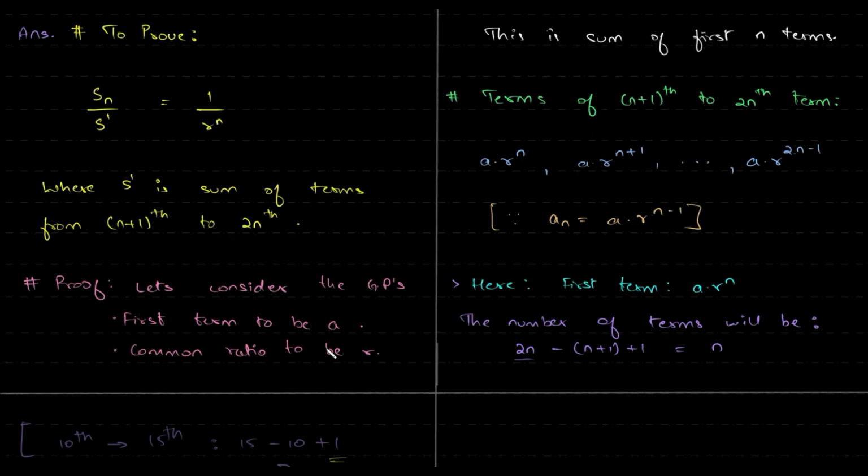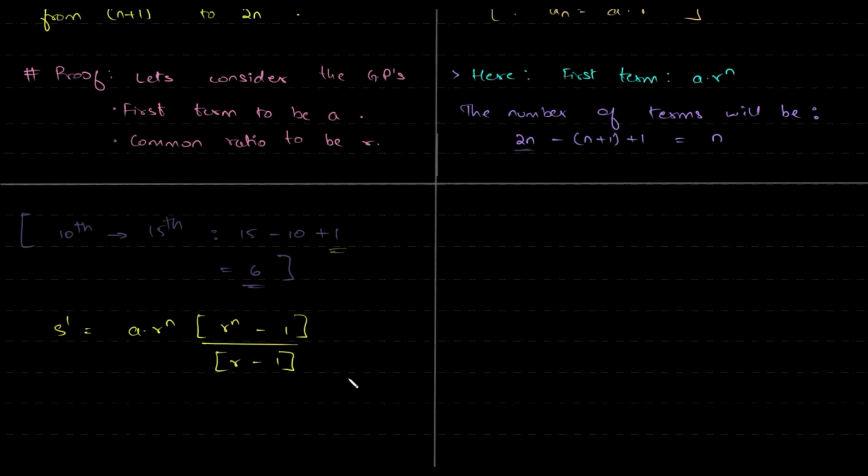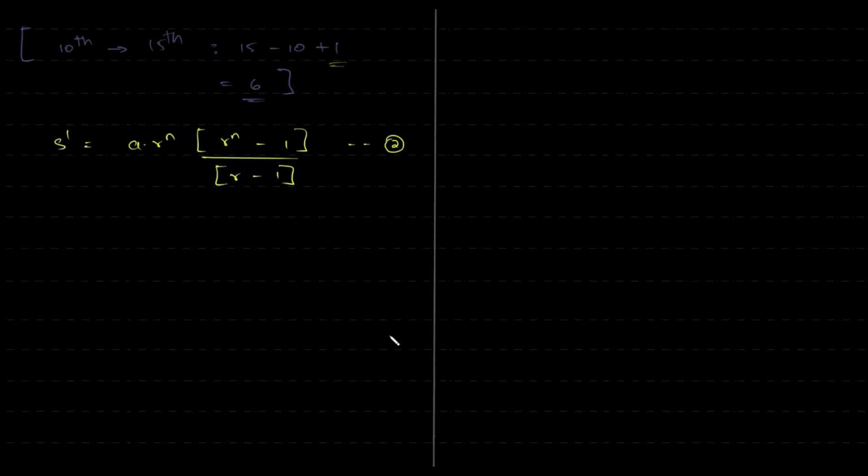And at last we have Sn divided by S dash, which is equal to a into r to the power of n, r to the power of n minus 1 divided by r minus 1, this entire thing divided by a into r to the power of n minus 1 divided by r minus 1.